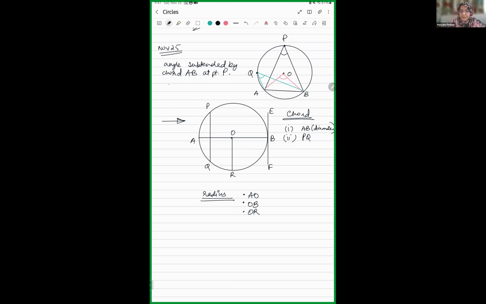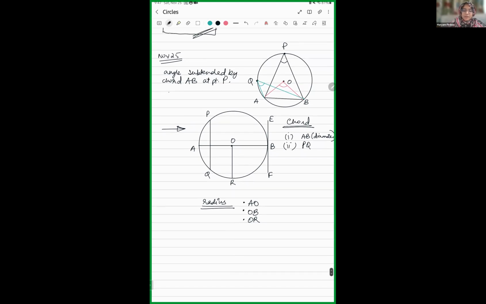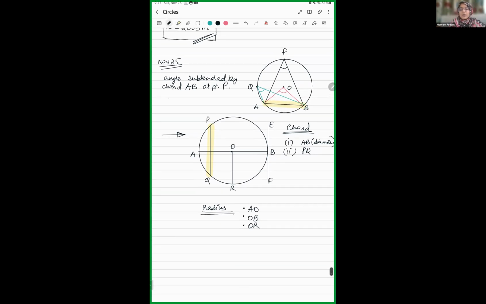Okay. So we have understood now what a chord means. This is a chord. So over here, AB is a chord. Now, this statement is saying angle subtended by chord AB at point P, which means look at the chord AB and it is making an angle at the point P. This angle is called angle APB, right? That's the name of this angle.